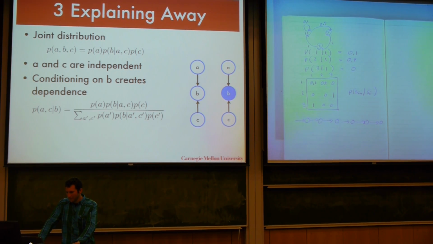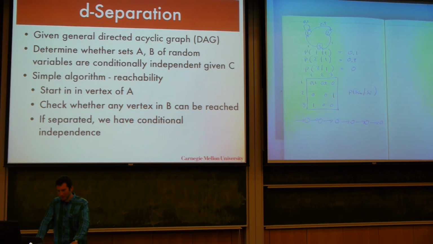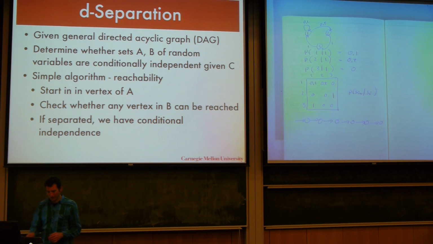Okay, so this gets us to something called d-separation. If I have a general directed acyclic graph, I might want to ask a question like, given sets of variables A and B, are they independent of each other, conditioned on C? And there's a very simple algorithm, called the Bayes ball algorithm, which says all I have to do is perform a reachability calculation.